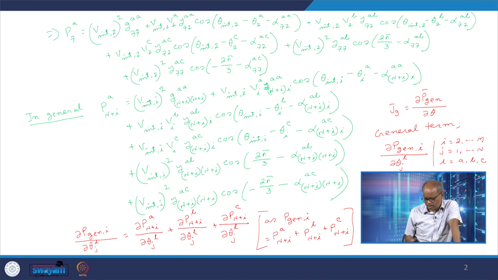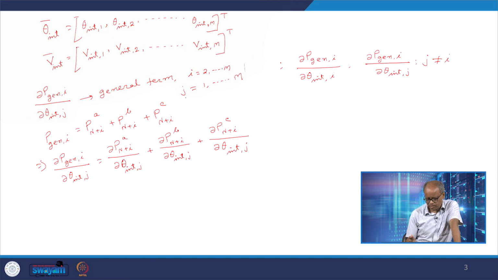So then I can say that P n plus Ia is basically a function of only v internal I, theta internal I, v Ia, v Ib, v Ic, theta Ia, theta Ib, theta Ic.